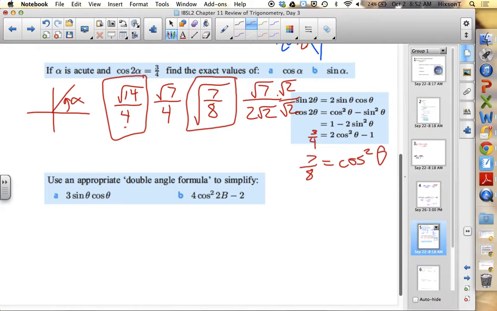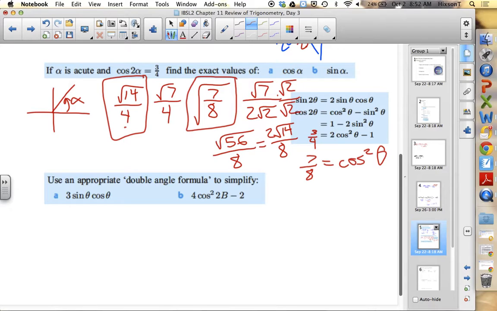Is it incorrect to multiply just the top and the bottom by root 8 over 8? No, if you did that, you'd get root 56 over 8, but that can be simplified because that's 4 times 14. So the 4 can be taken out as a 2 root 14 over 8, and that would reduce to that. Okay?